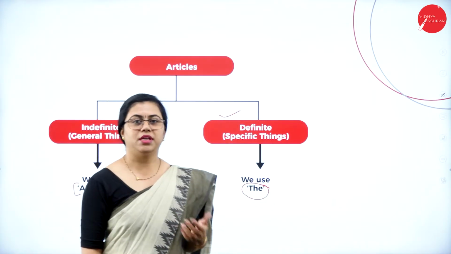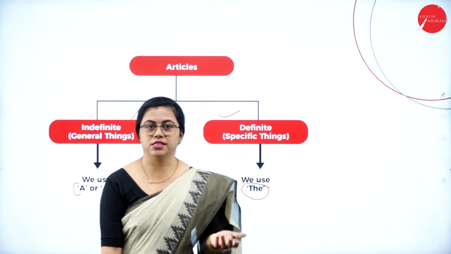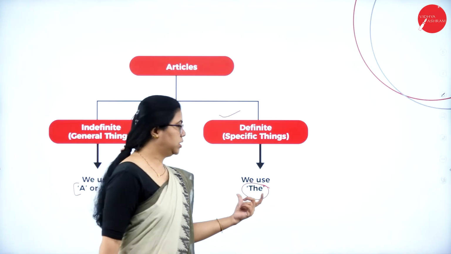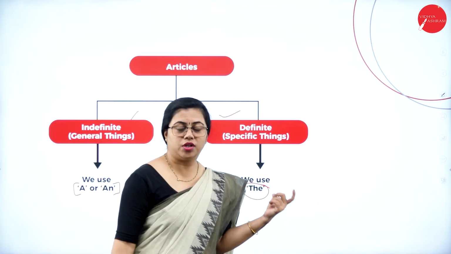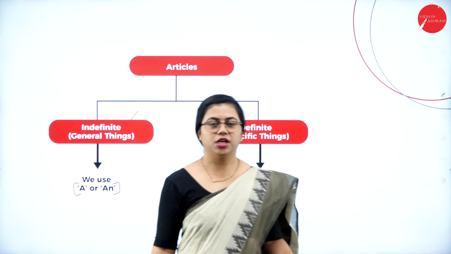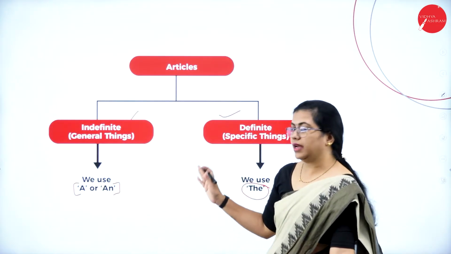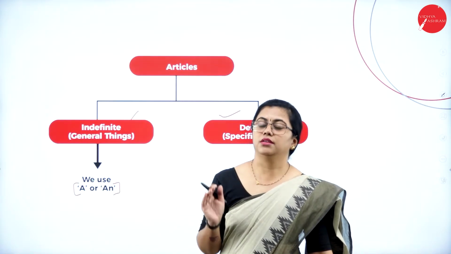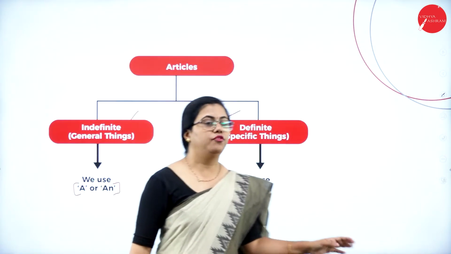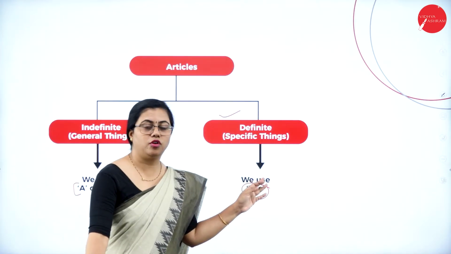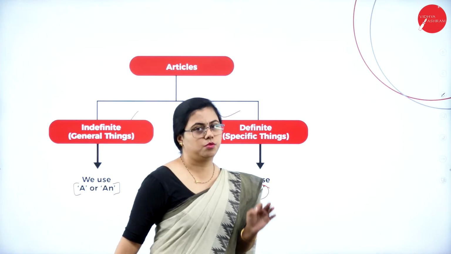Sometimes you pronounce it one way, sometimes another, but this is the only definite article in English. So a and an are indefinite articles, and we use them when we are talking about something in general. The definite article, that is only one, the, we use when we are talking about something specific.